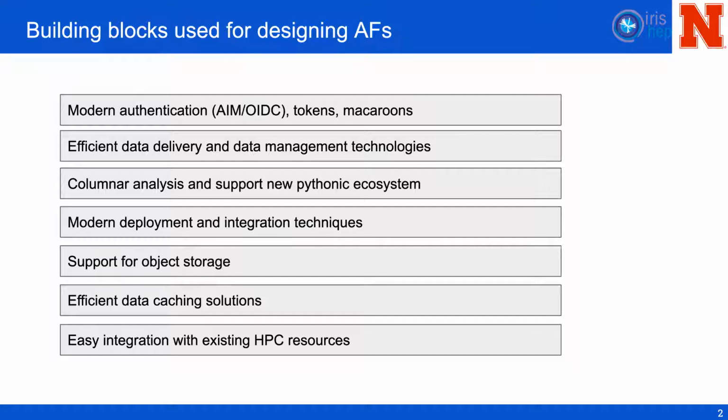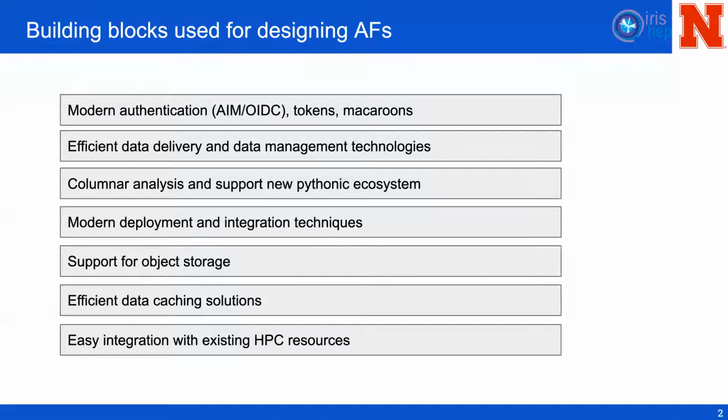Our main concept is that we want to focus on columnar analysis, and of course to support the new Pythonic ecosystem, but we are also open to other things, though mostly it is focused on what we have shown until now.